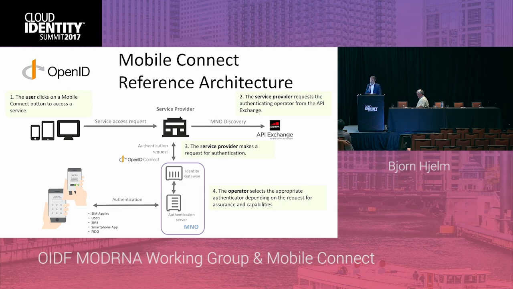The operator then selects an appropriate authenticator, and that could be based on the level of assurance requested by the service provider for this specific request. It could be based on policy. Hypothetically, a bank says, I only want to do Fido authentication. And then the user authenticates. And then the mobile network operator responds to the service provider that you completed your authentication.